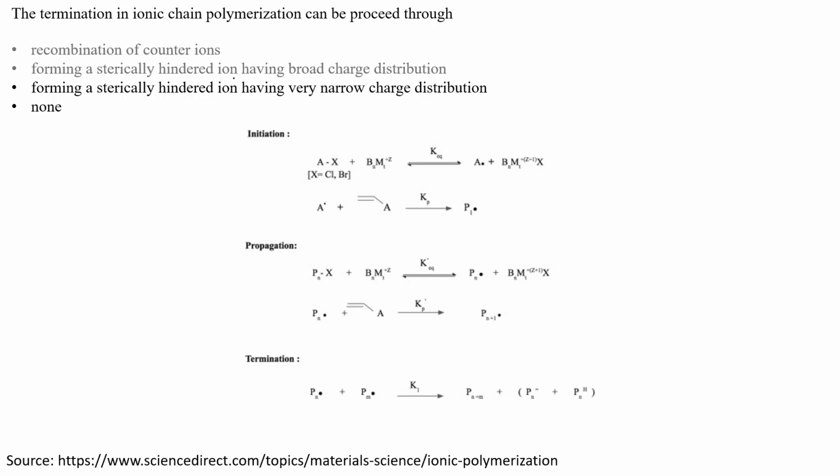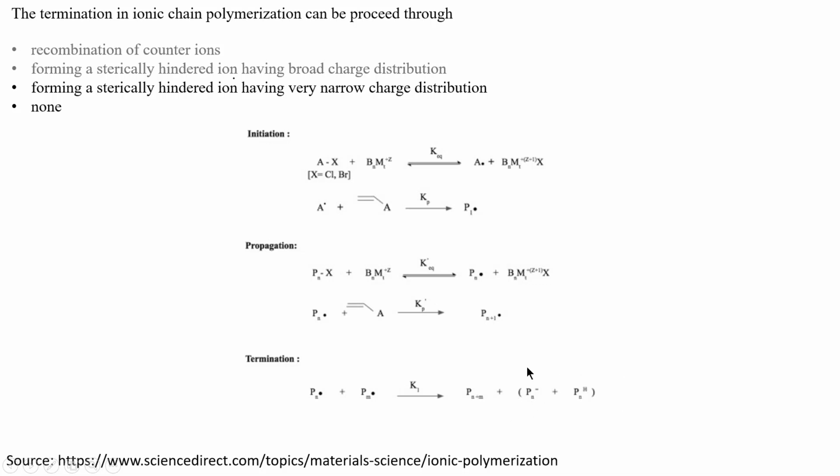The second one is the formation of a sterically hindered ion. When does this happen? You can see in the reaction scheme that when the termination process is encountered, Pn dot plus Pn dot combine together and form a polymer of Pn plus 1 with an ion pair of Pn minus plus Pn plus.